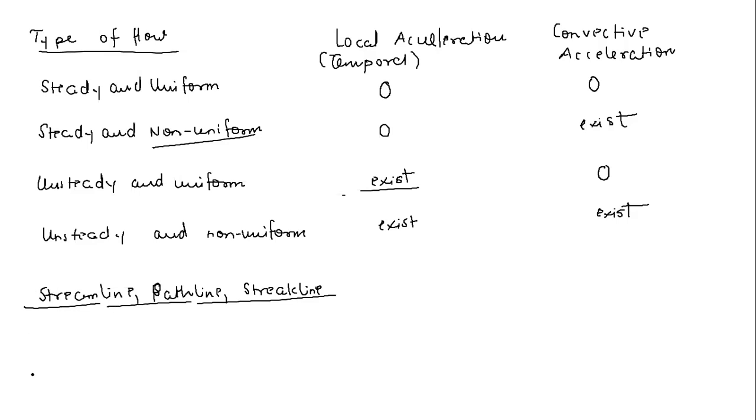Before discussing this, I will just suggest you take all these cases and try to understand in which case the Eulerian and Lagrangian approach will both become the same. They will both represent the same idea. Consider it as homework and try to think about it.